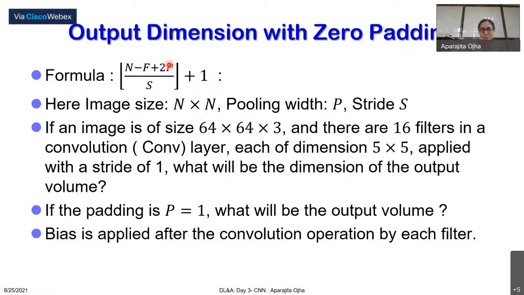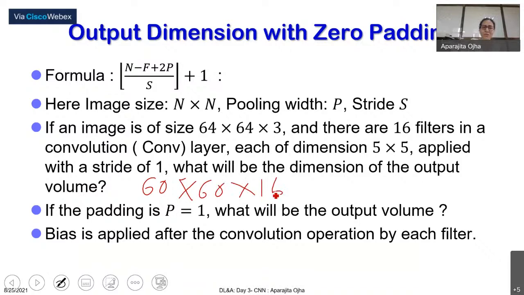Now, if the padding p is equal to 1, the output volume will change. So what is the output volume initially? It is 64 minus 5, that is 59. Stride was 1, so 59 plus 1, so it was 60 cross 60. And since there are 16 filters, it would be 60 cross 60 cross 16.